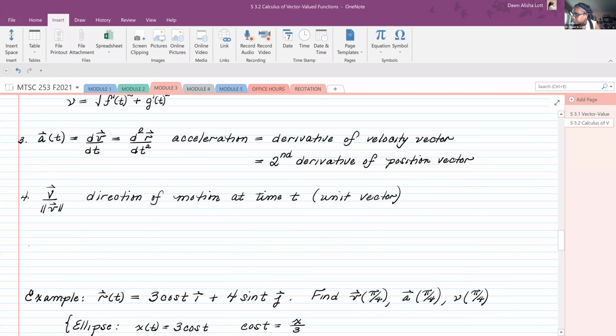That T equal to v over the length of v is the unit tangent vector.